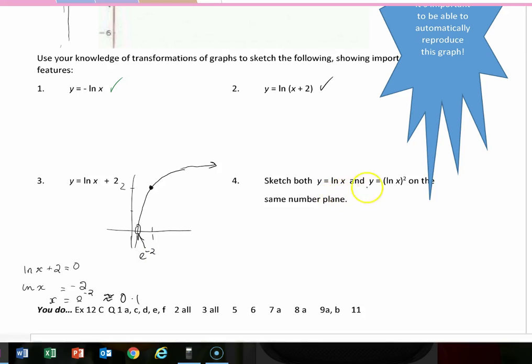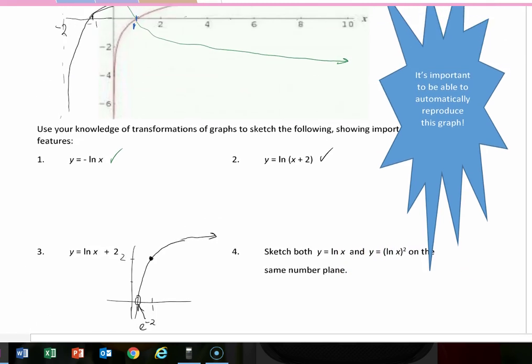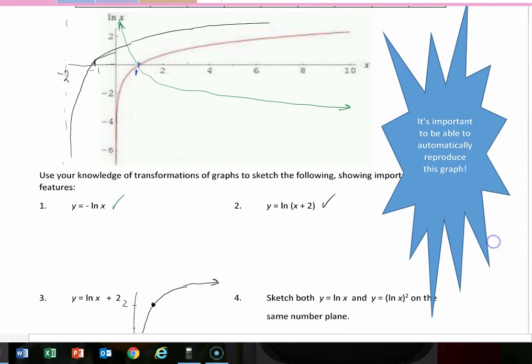Sketching the log of x and the log of x all squared on the same number plane gives a very interesting looking graph. You know y equals log of x, but then think about log of x all squared. If you're squaring it, you can't get a negative number, so where your regular red log graph here is negative, it becomes positive.